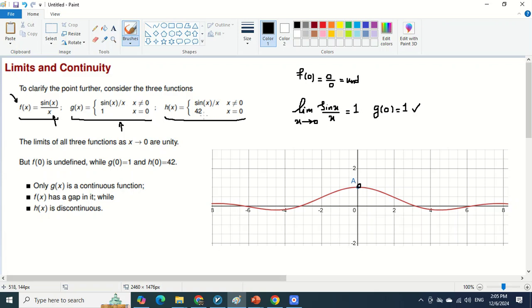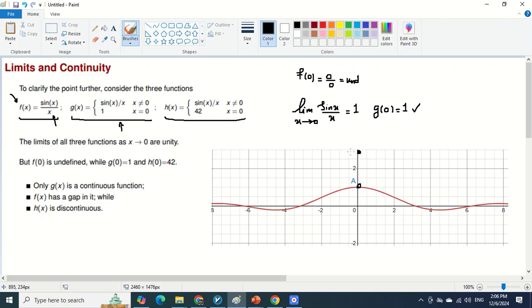About the function h over here, as you can see, again we have the same function for x not equal to 0, but at x equal to 0 we have 42, meaning that at this point the value of the function is much greater than the limit.